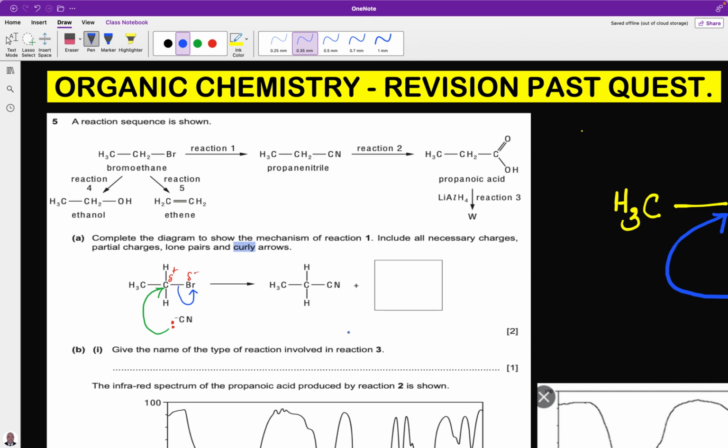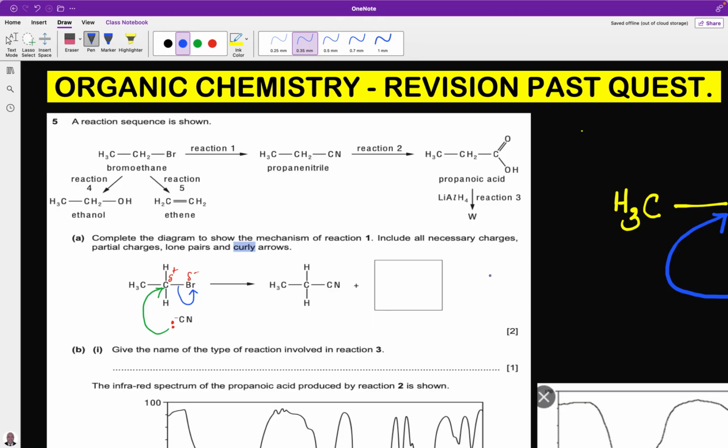Now, it comes to a transition state. There is supposed to be a transition state, but they did not ask us to show the transition state. What I showed you here was for the purpose of revision. So we have shown our curly arrows because they have asked for curly arrows. There's one curly arrow from the shifting of electrons to bromine, and another from the nucleophile attacking the partial positive carbon. Those are the two curly arrows involved.